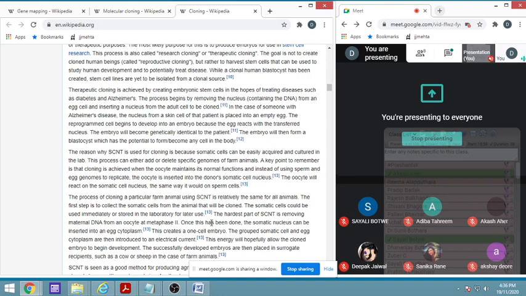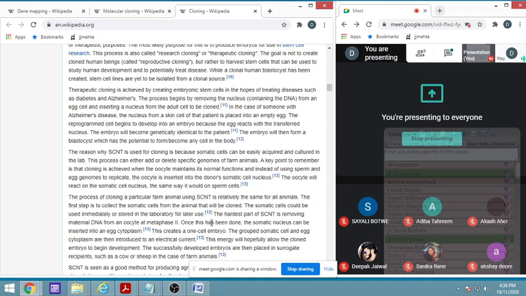Embryonic stem cells will be taken up, particularly in the treatment of diabetes, Alzheimer's, or, as I told you, cerebral palsy, etc. There are many diseases. So in the case of someone with Alzheimer's disease, the nucleus from a skin cell of that patient is placed into an empty egg. Then the reprogrammed cell begins to develop into an embryo, because the egg cell reacts with the transferred nucleus.